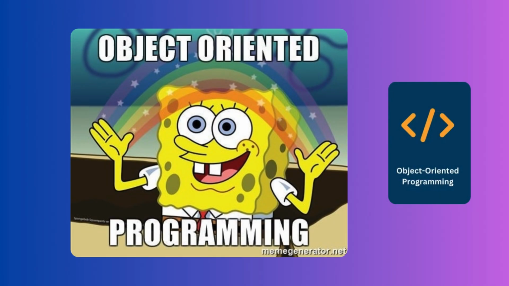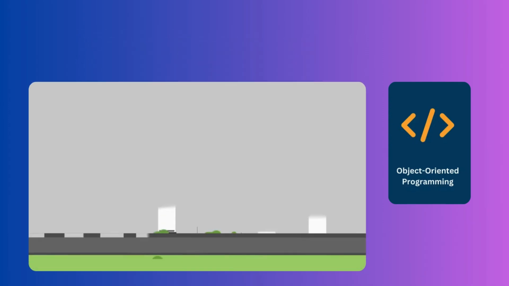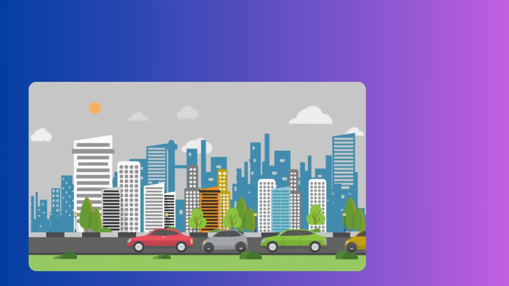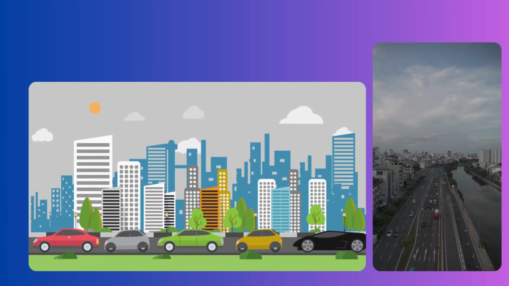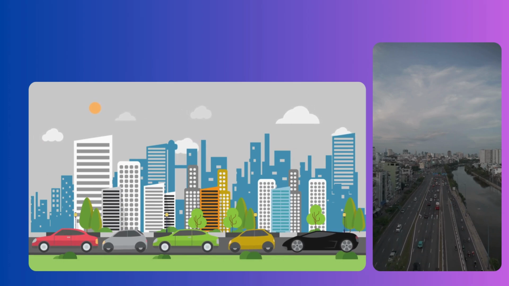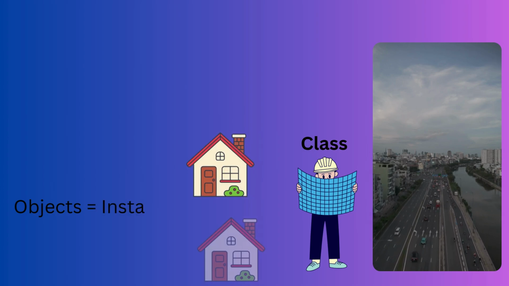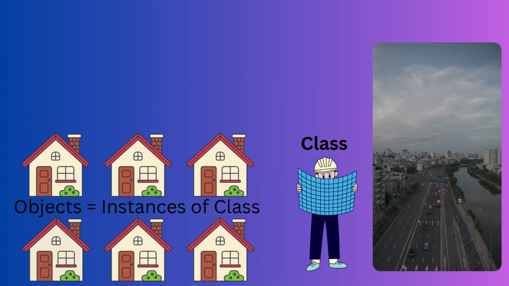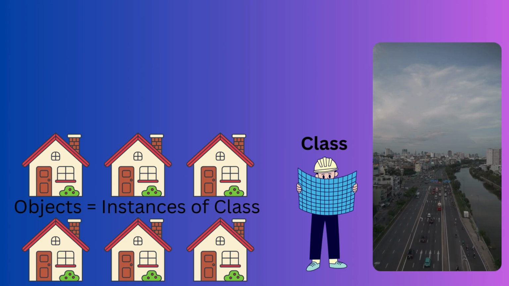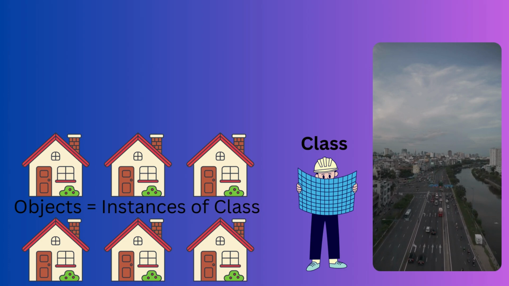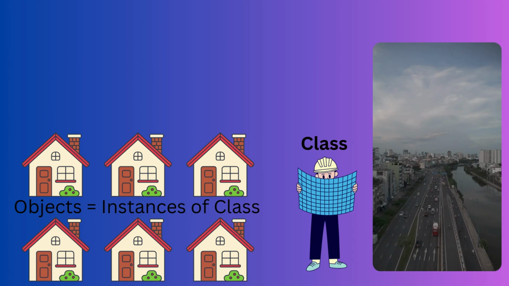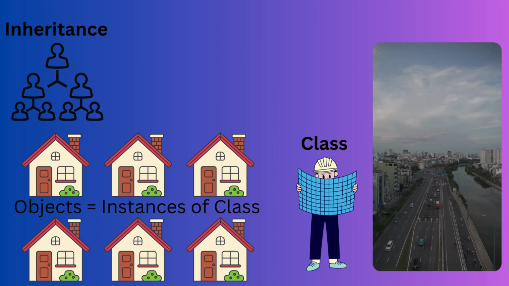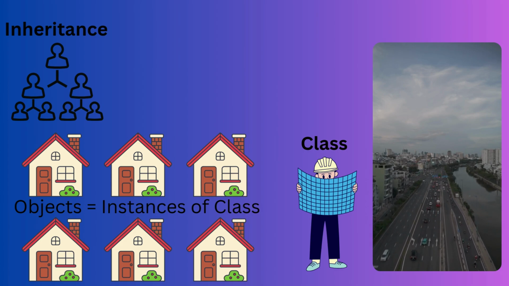Object-oriented programming, or OOP, focuses on modeling real-world entities as objects. They have classes, which are like blueprints for creating these objects, and the actual objects, which are instances of these classes. We also have major concepts like inheritance, where you create a new class based on an existing one.